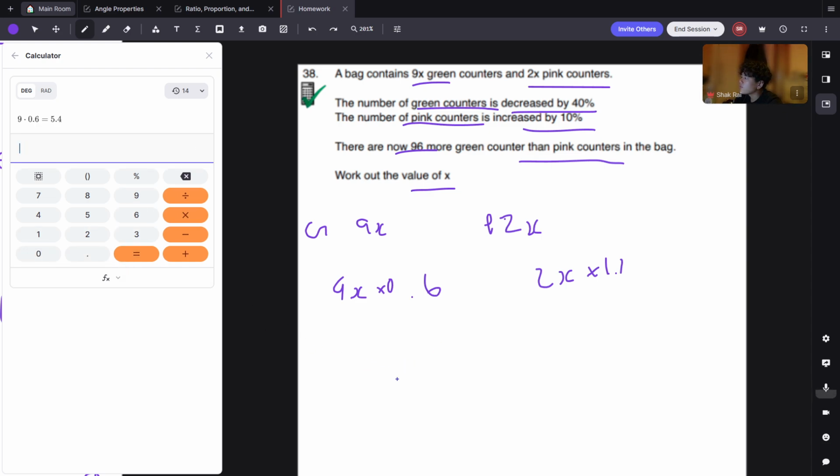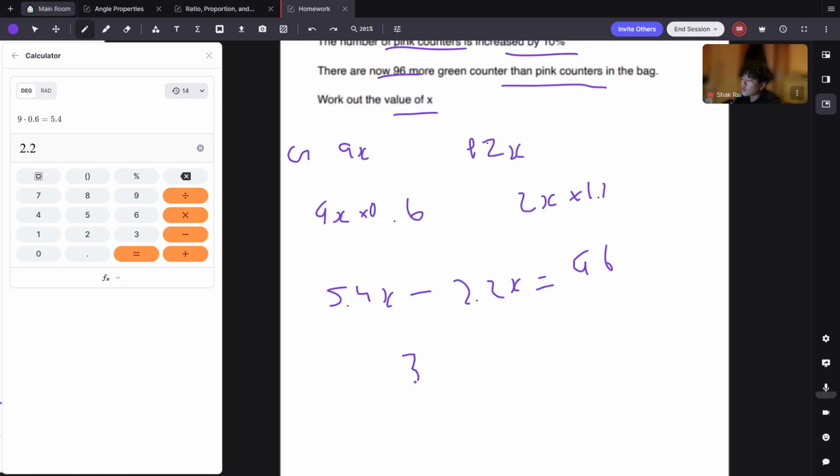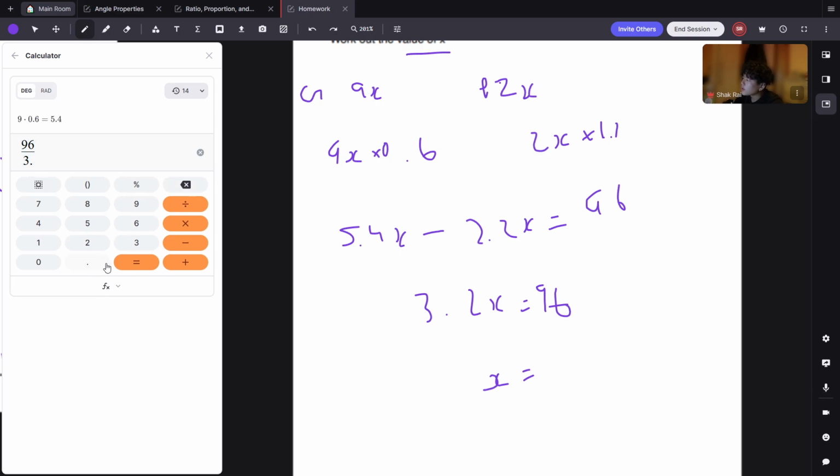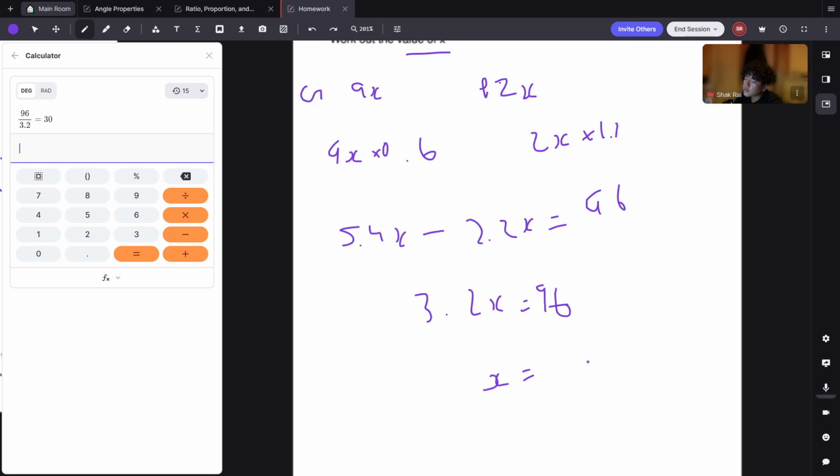That gives you 5.4x minus 2.2x, and this difference equals 96. So 3.2x equals 96, so x equals 96 divided by 3.2, it's 30, I think. So x equals 30.